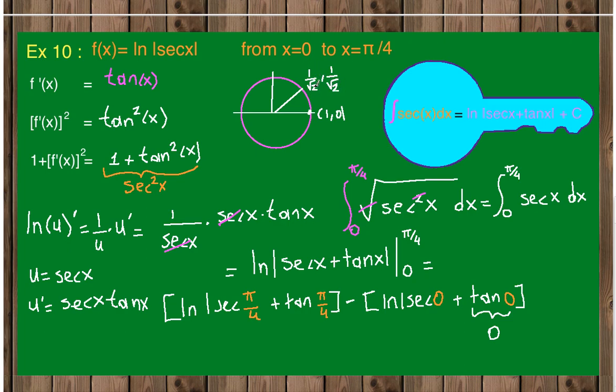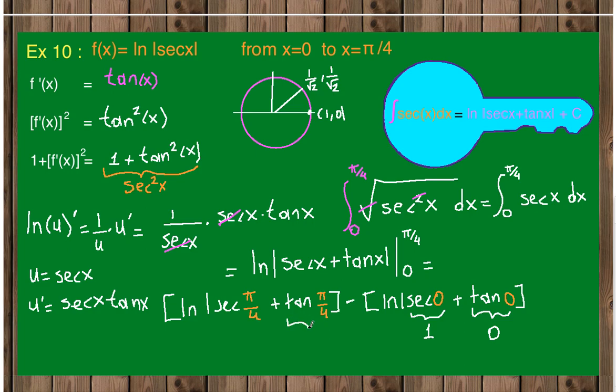The x coordinate is our cosine, the y coordinate is our sine. So tangent is sine over cosine. At 0, sine is 0, cosine is 1. 0 over 1 is 0. So tangent 0 is 0. Secant is 1 over cosine. At 0, cosine is 1. 1 over 1 is 1. So secant 0 equals 1.